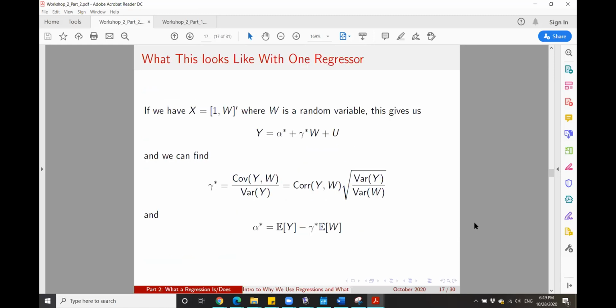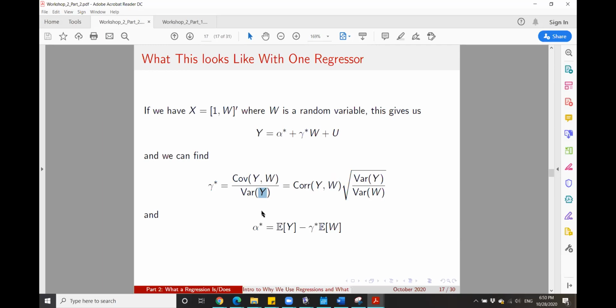In the simple example with one regressor and a constant, you'll have this linear model, and you can find that the coefficient on your random variable is going to be the covariance of your random variable with your regressand over the variance of your random variable. Sorry, this should be a W here.